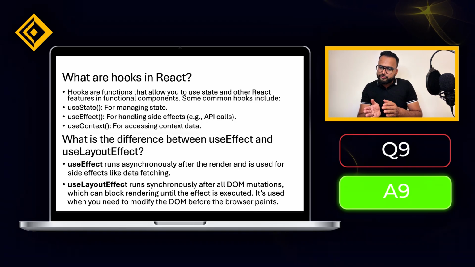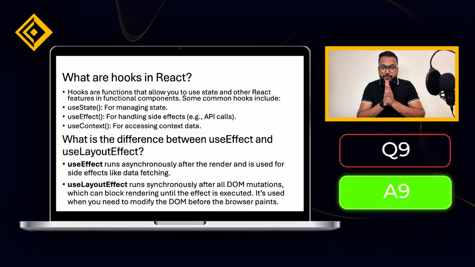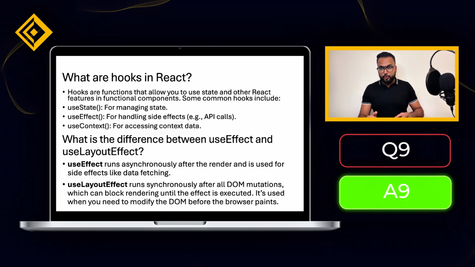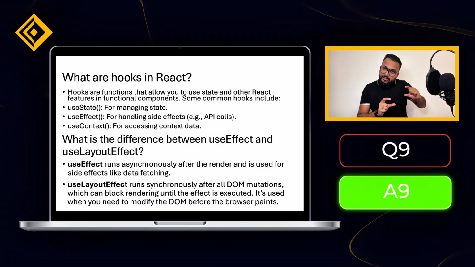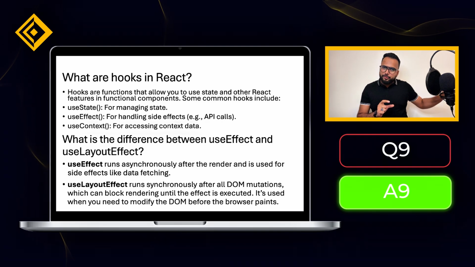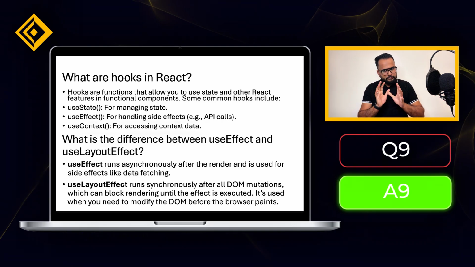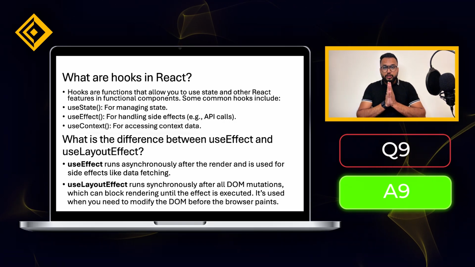It is used when you need to modify the DOM before the browser paints. For example, you have to put some value inside the UI when the component is loading. At that time you want to get some data and put it inside the DOM. You can use useLayoutEffect. That is necessarily required.